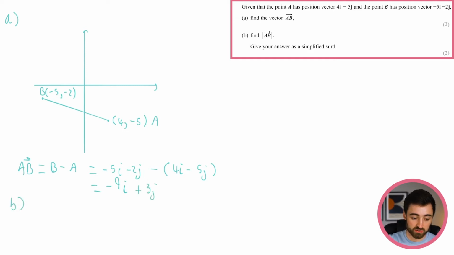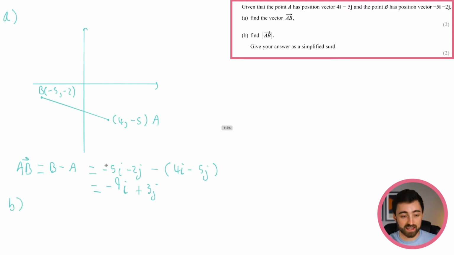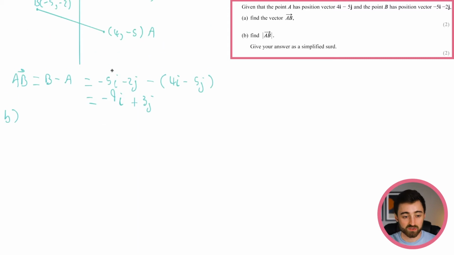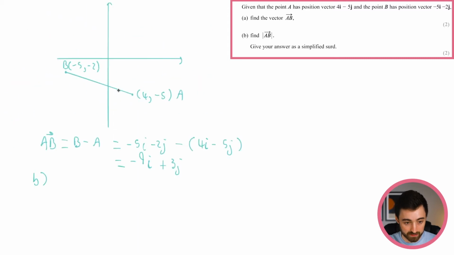Not too crazy. And then these lines basically mean the magnitude or the size of this vector. So what this represents is that now I've got minus 9 in this direction, so minus 9i, and then plus 3j. Which kind of makes sense, doesn't it, with this graph?